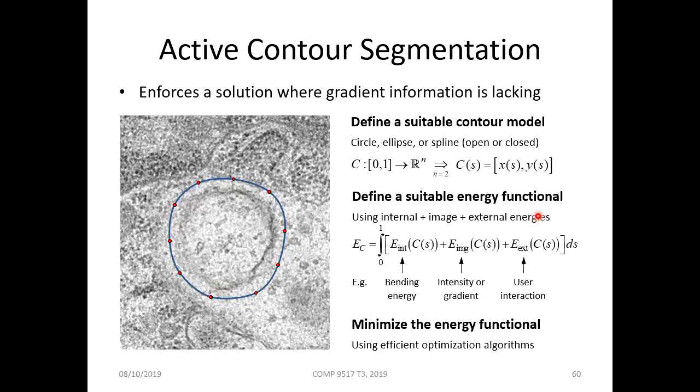And then you have tools that allow you, using these techniques, to roughly indicate where is the object that I want, and then it will iteratively snap towards the object of interest, taking into account all these constraints that you put into the energy functional about being smooth, being as much as possible along strong gradients in as much as they are there in the image, and otherwise just force the contour to go through the areas based on the expected shape. So this is very application dependent, of course.